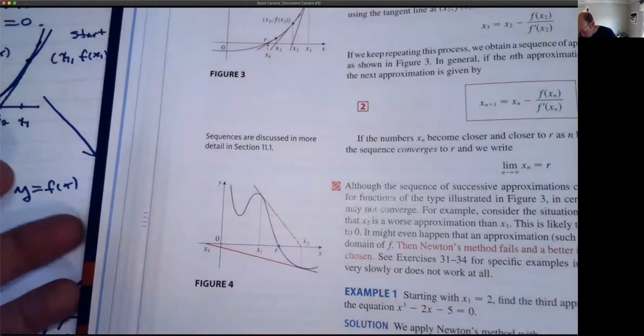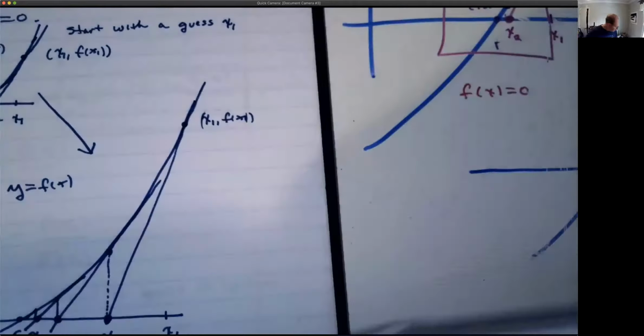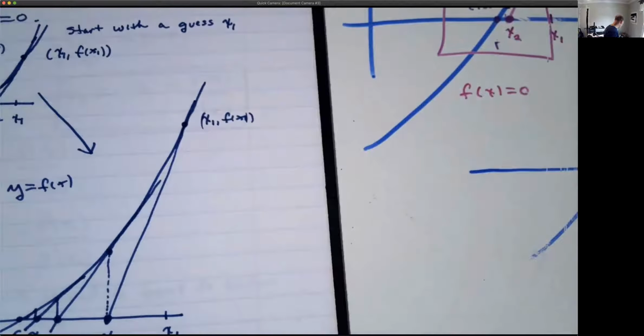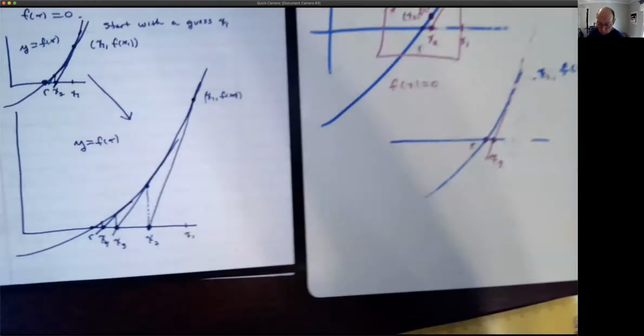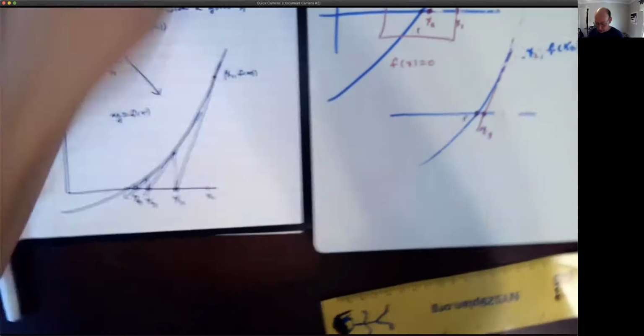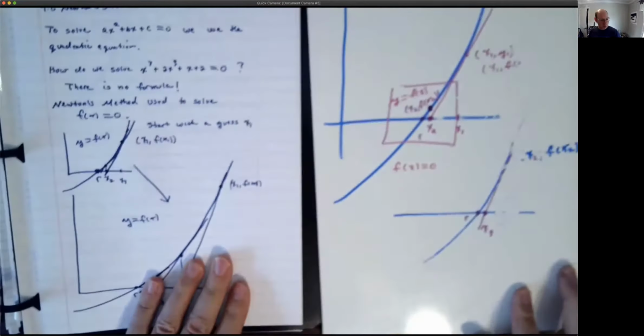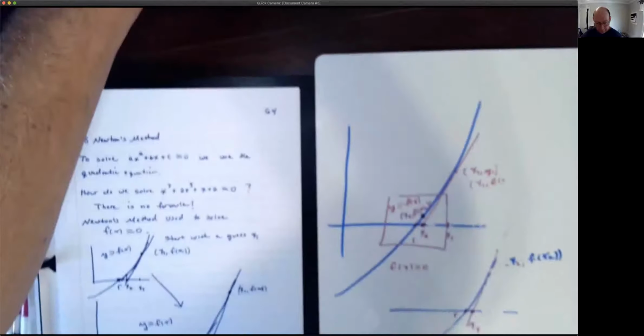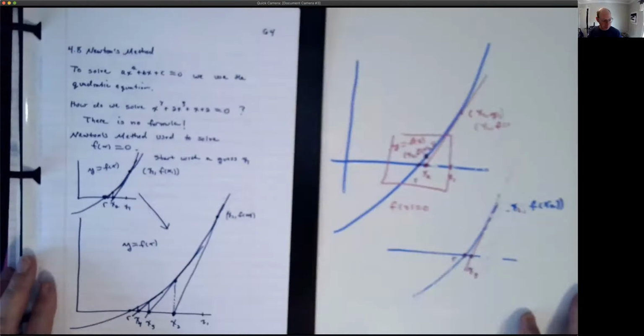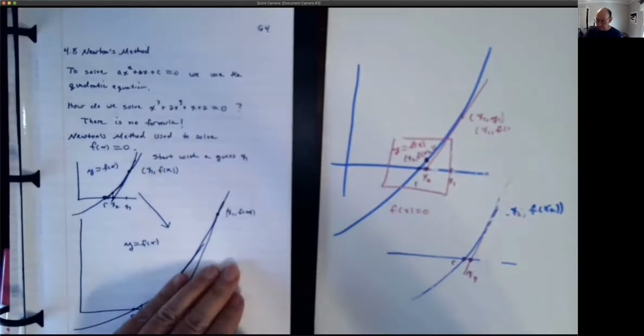We're not going to be worrying about that in calculus class, but in a more advanced math class, you can come up with exact conditions as to when Newton's method would work. But it is actually pretty complicated. It's not super easy to solve that kind of problem. Okay, so let's move on to the formula.